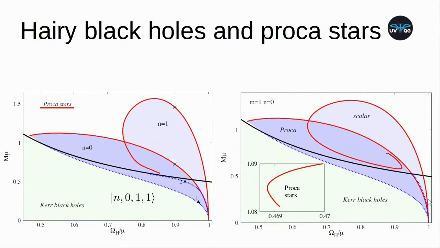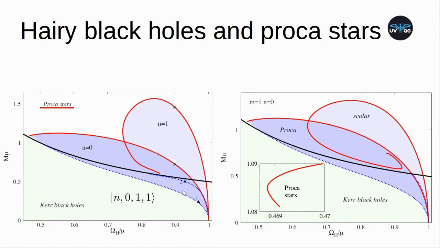Okay, here we compare the hairy black hole solutions. These blue shaded areas correspond to the domain of existence of these hairy black holes, and we see that these domains are bounded by this red curve and by this blue curve. These red curves correspond to the solitonic solution, in here for the Proca stars, and in here for the scalar star.